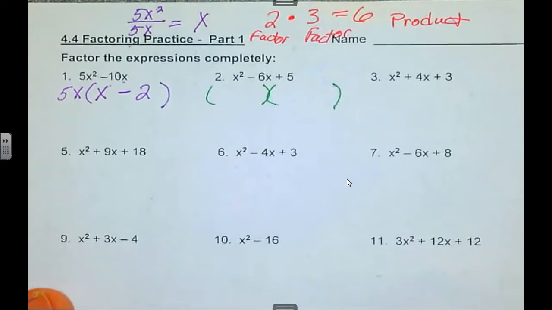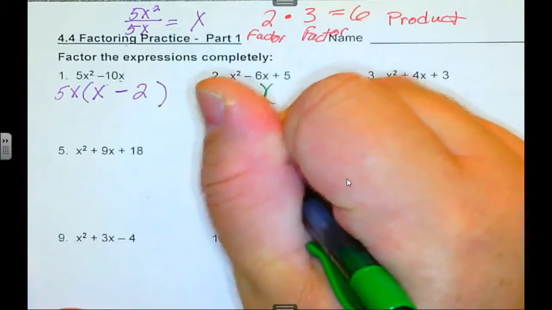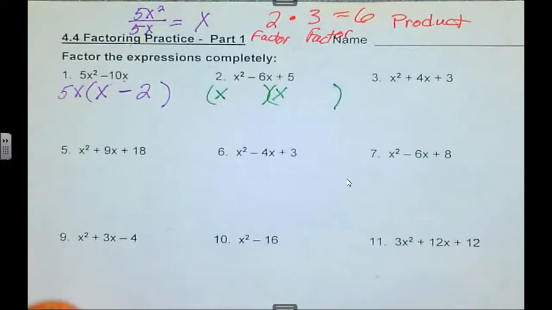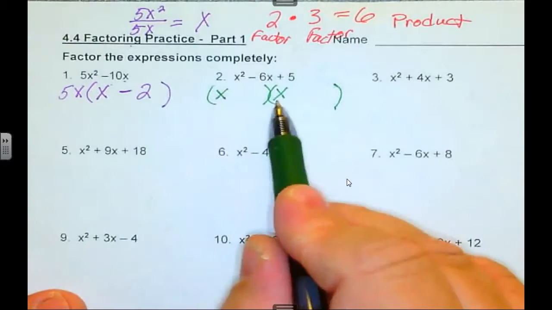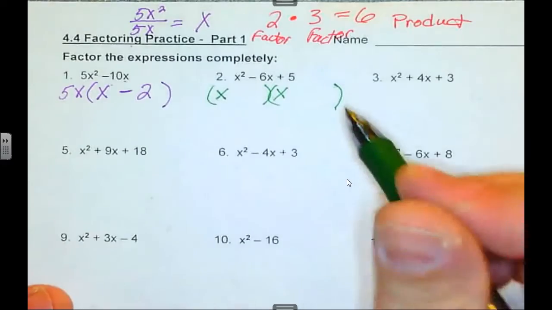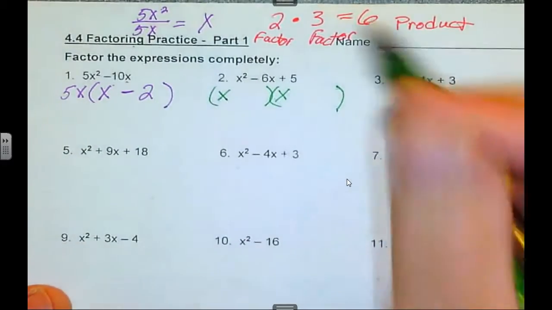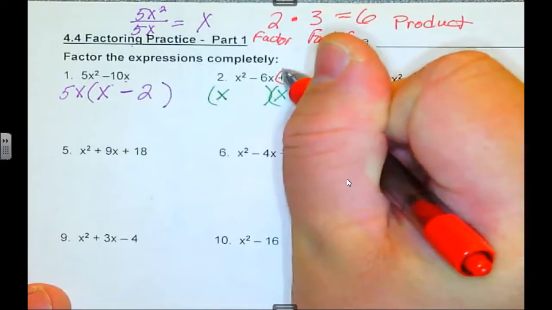What's the only way to get x squared? Remember, we're doing FOIL. X times x. So here's my first x times x. That's the only way to get x squared, is x times x. Now, remember, I have to find 2 numbers that multiply to positive 5.